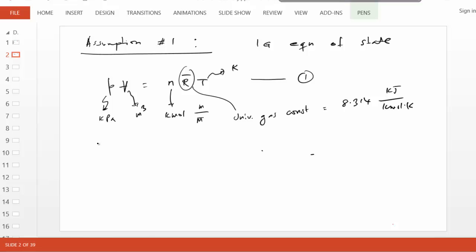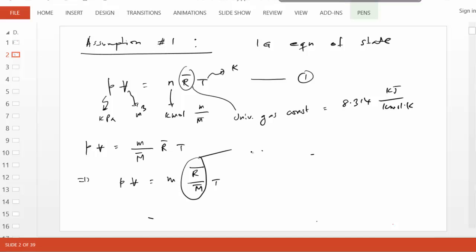But for engineers, there are some easier forms. The chemist loves this form. To get the other forms, we just substitute what N is, M divided by M bar, into PV equals M over M bar R bar T, or we can simplify this as M times R bar over M bar times T. R bar over M bar, notice, is called the gas constant R. It's not universal anymore, because R, which is R bar over M bar, depends on the molar mass of the gas, on the identity of the gas.